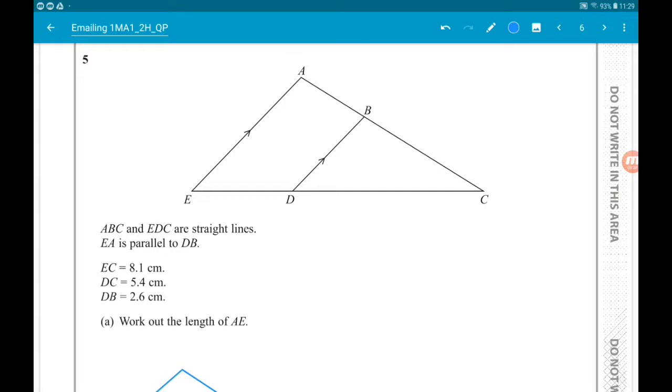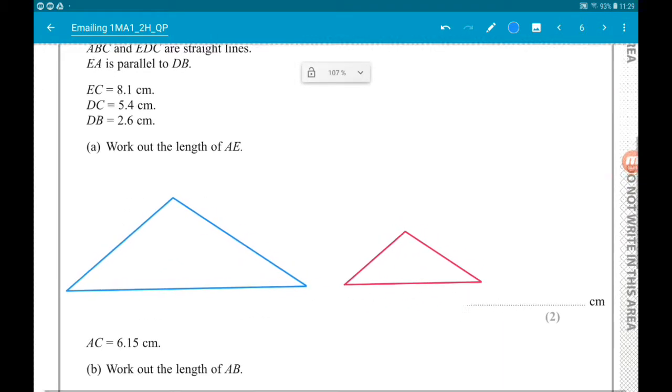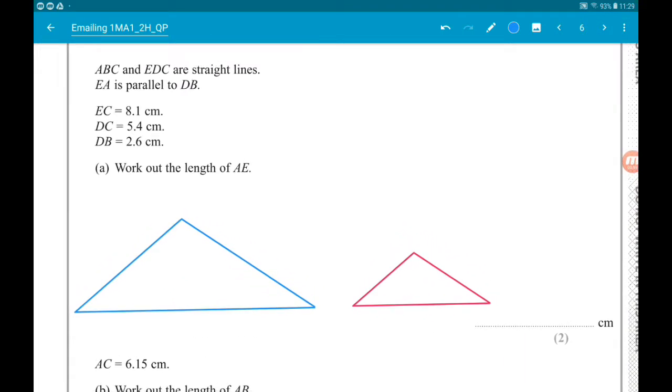So we're told EC is 8.1 centimeters, DC is 5.4, and DB is 2.6. So at that point, what I would do, and what I have done, is make two sketches of these triangles. So here they are down here. So I've got the big one and the little one.